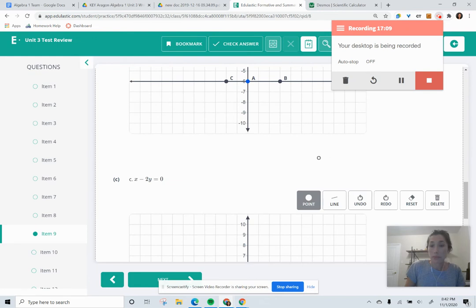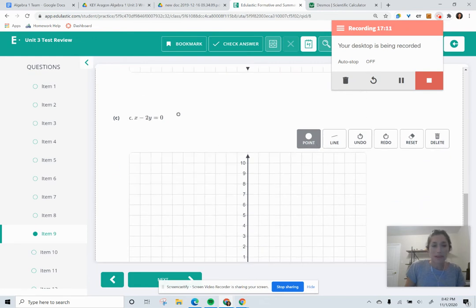Okay, I was having scratch pad issues. We have figured that out. Okay, so we want to rewrite this in slope-intercept form.